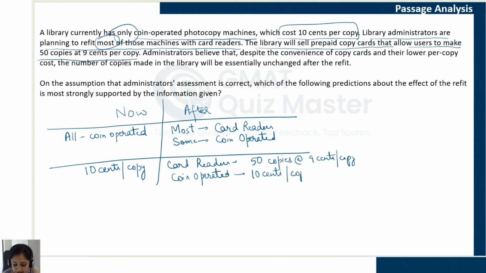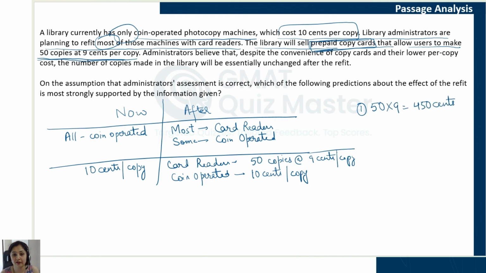Now, a very important thing to note here is that we are talking about prepaid copy cards. When you read this prepaid and you read this 50 copies at 9 cents per copy, it means that when someone is purchasing the card, they will have to pay 50 times 9, which is 450 cents.